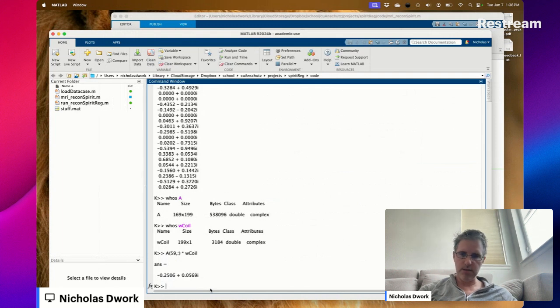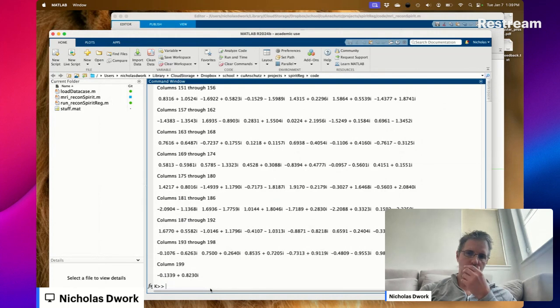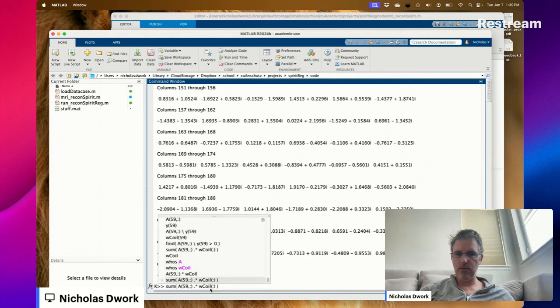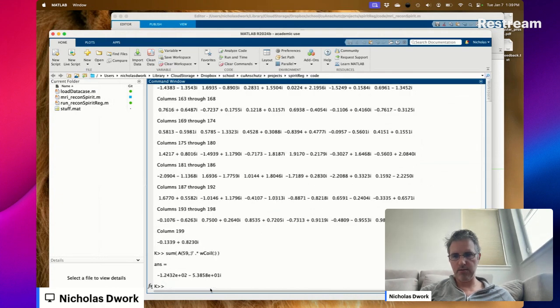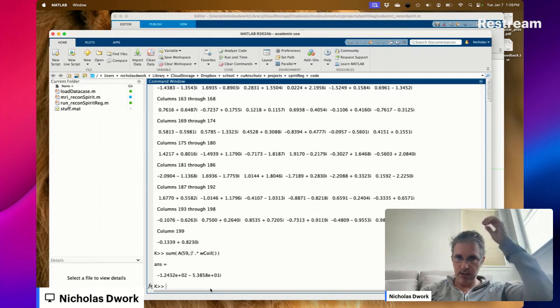Wait, no, that should have worked. So what is sum of A59 W coil? Oh, right. Okay. Because A is a row, yeah. The 59th row of A is a row, of course. W coil is a column, so it was doing like an outer product there, I think.